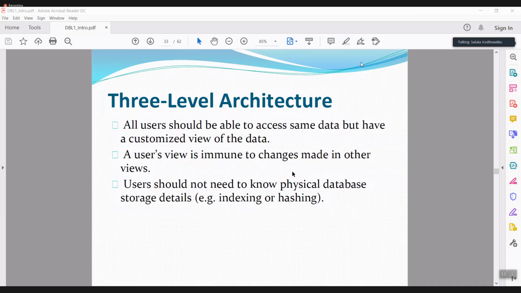This DBMS approach came due to the several limitations of the file processing approach. We discussed those limitations, but with DBMS, those limitations are not there. So that is why we use DBMS for database management.